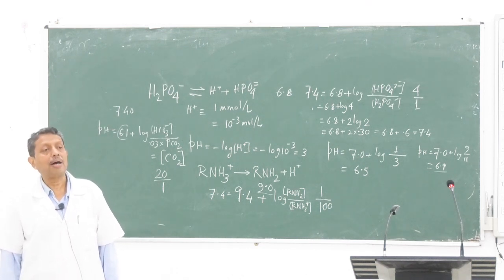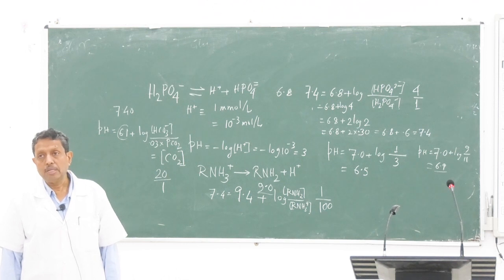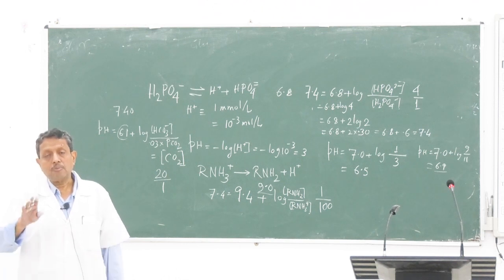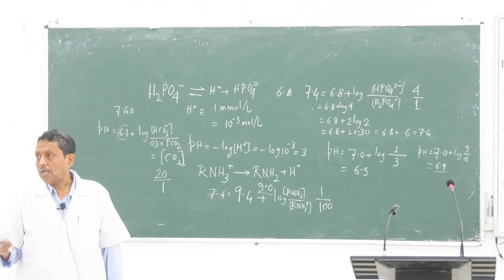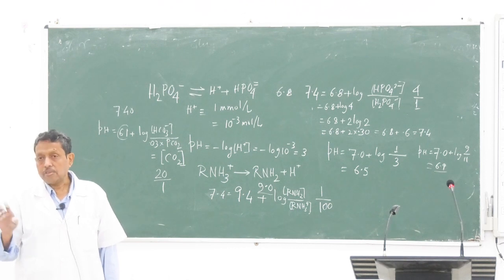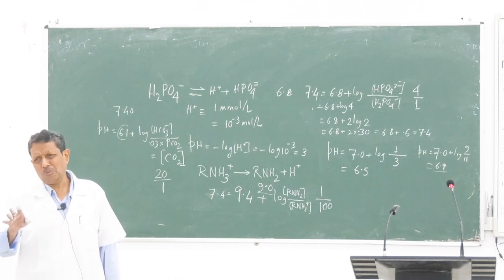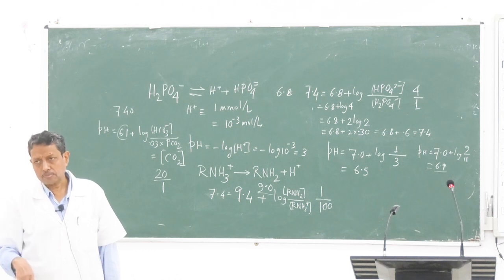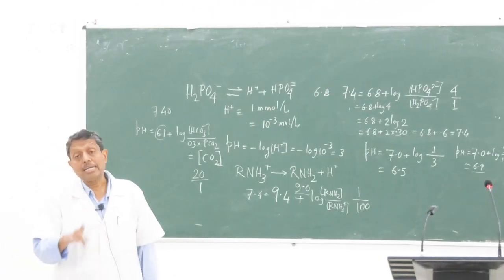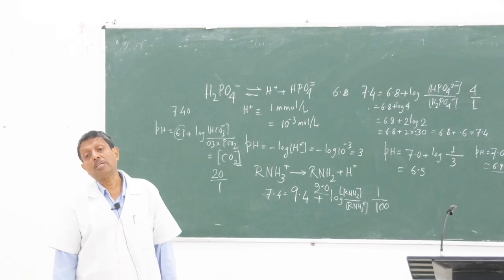Hemoglobin is an important buffer. Hemoglobin, you have hematology courses, hemoglobin has been dealt with. The most important work of hemoglobin is to carry oxygen, carbon dioxide also, and it is also an important buffer.